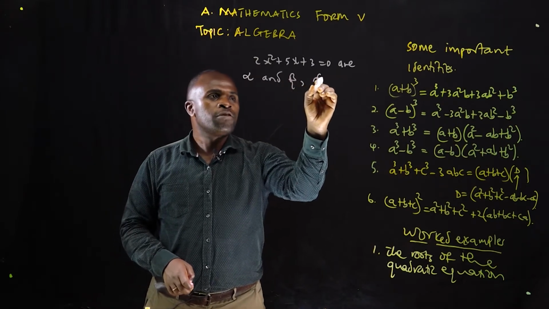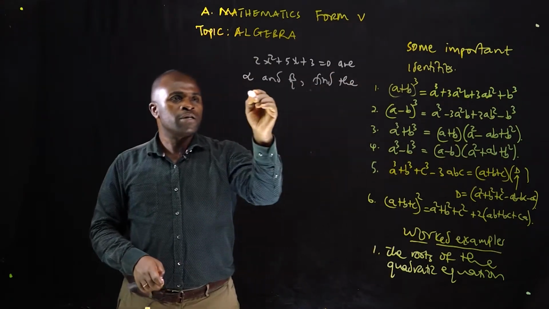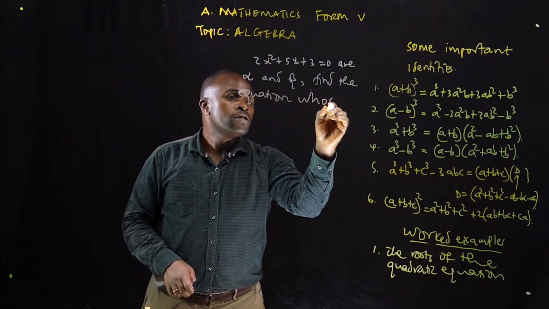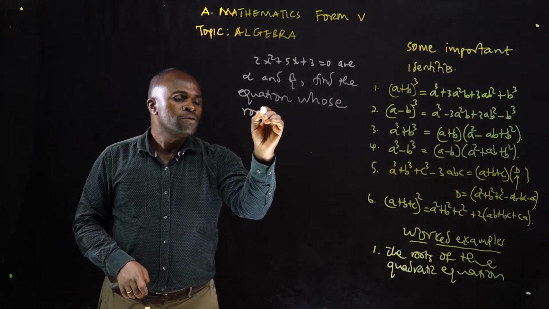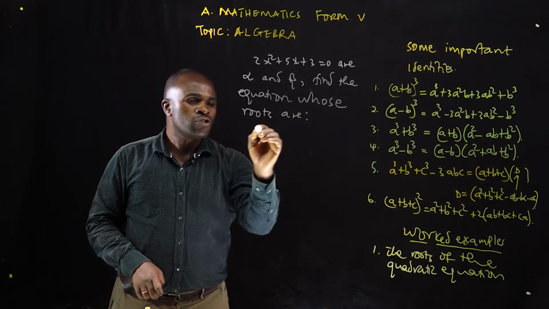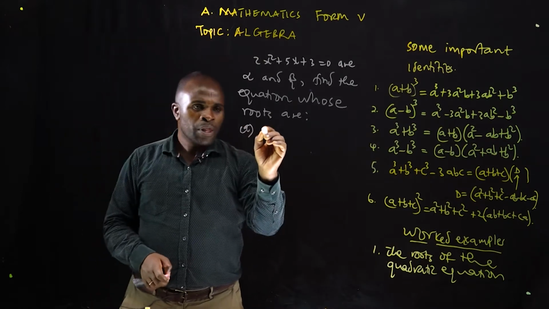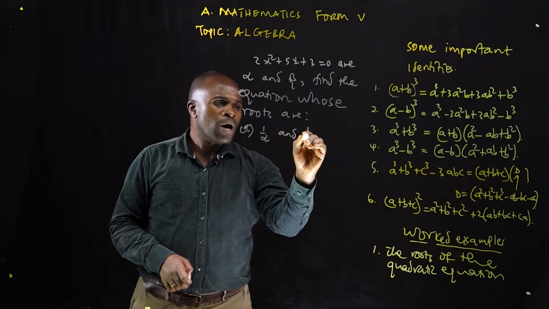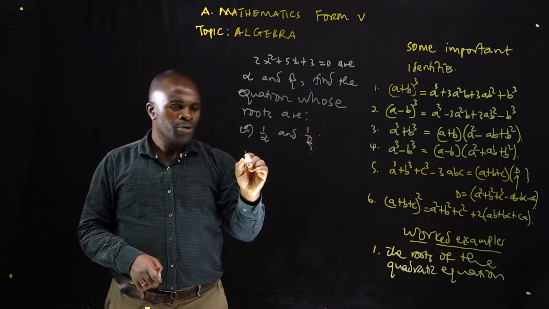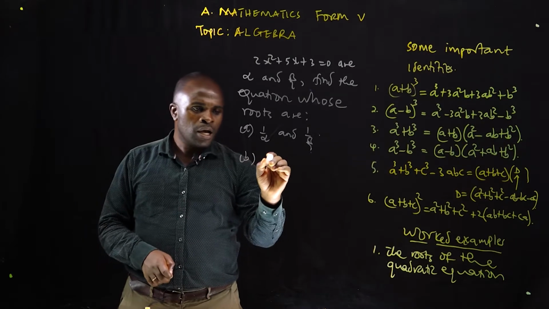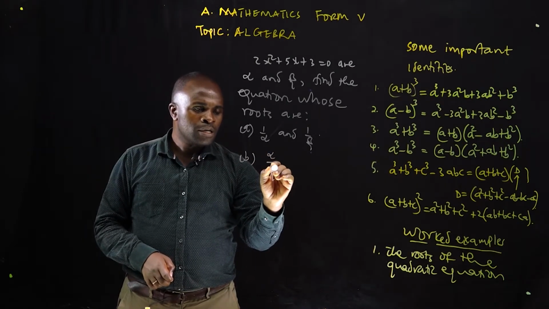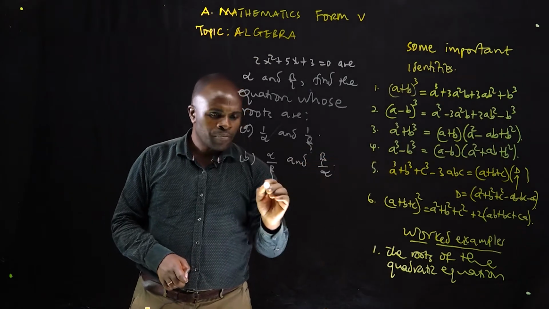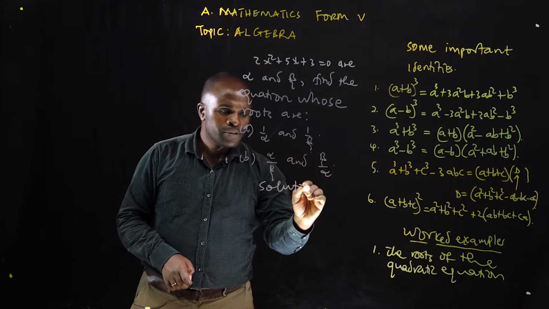Find the equation whose roots are: A, 1 over alpha and 1 over beta; B, alpha over beta and beta over alpha. So let's check on this.